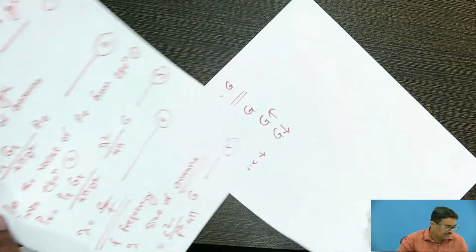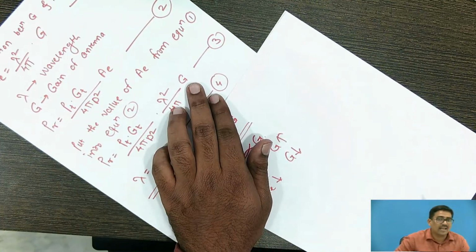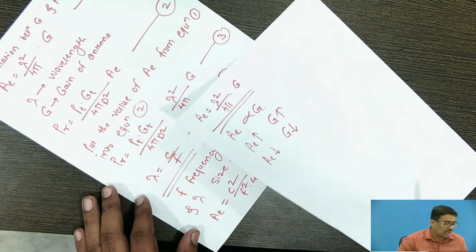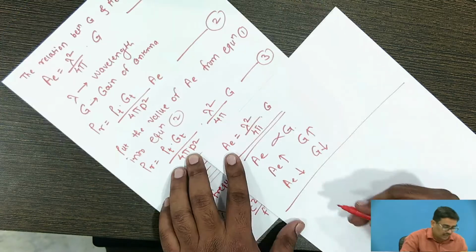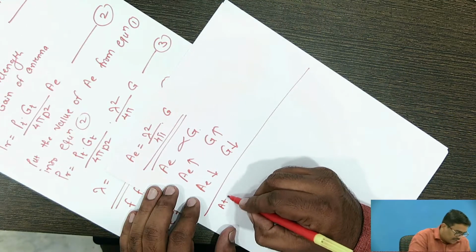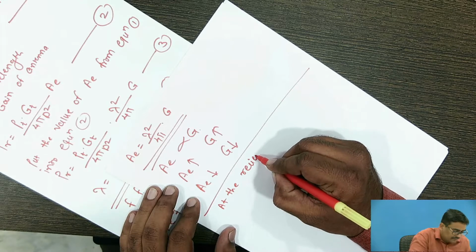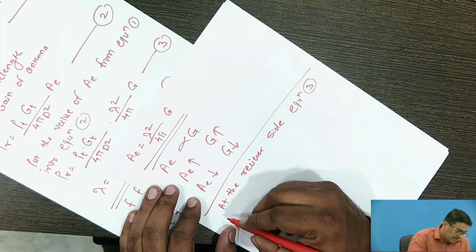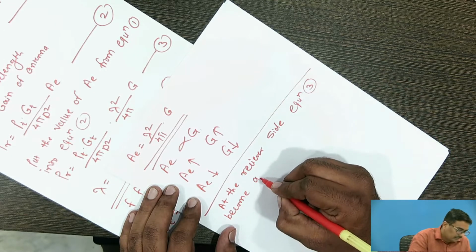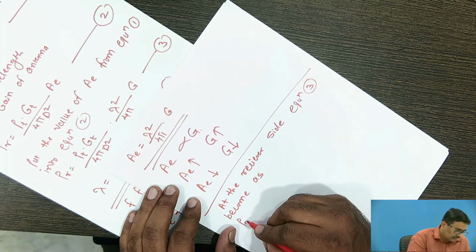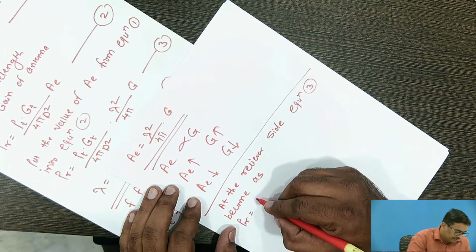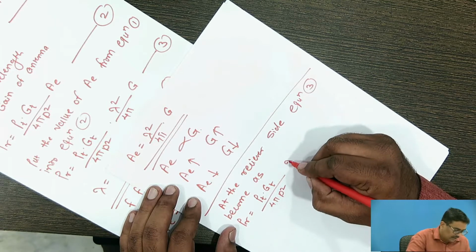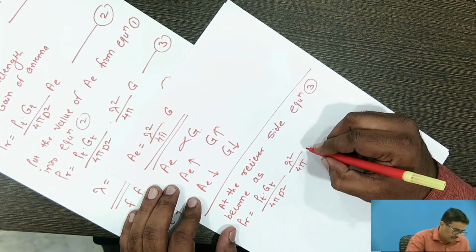Now we will focus on equation number 3. We will replace this gain, and we will always take the gain with respect to the receiver side. So equation 3 becomes PR is equal to PT GT divided by 4 pi d square into lambda square by 4 pi into GR.